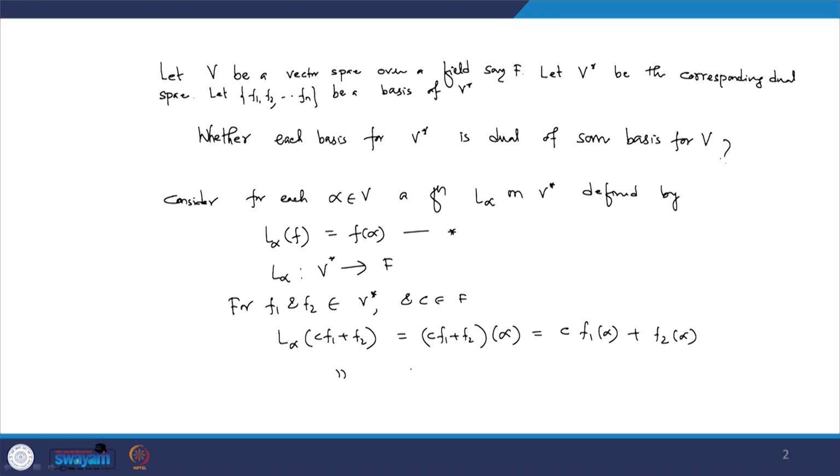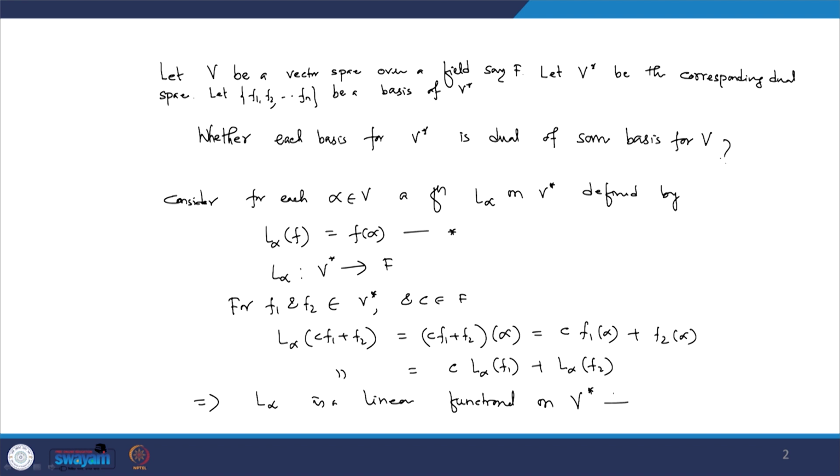So, this is equal to c times L alpha f1 plus L alpha f2. This implies L alpha is a linear functional on V star.